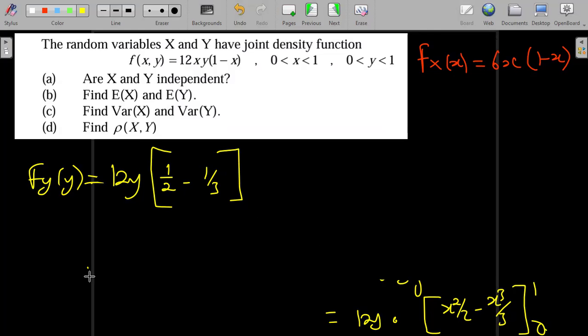So what is 1 over 2 minus 1 over 3? The common denominator is 6. 2 into 6 is 3, so 3 minus 2 gives 1 over 6.